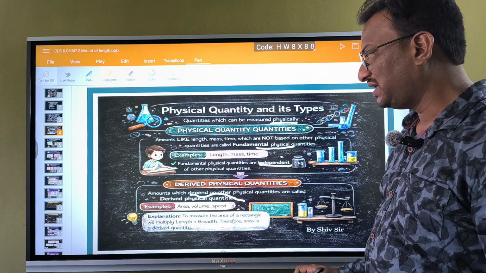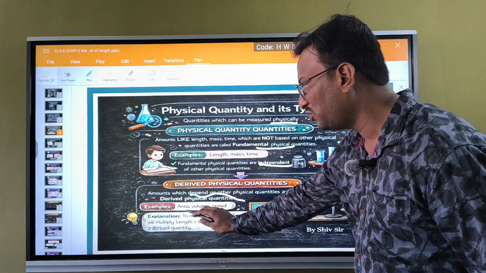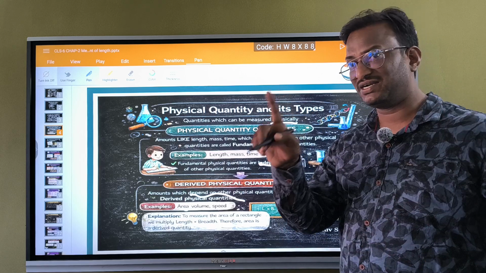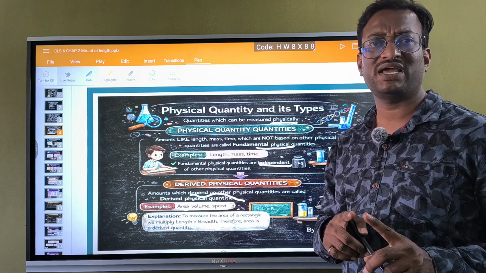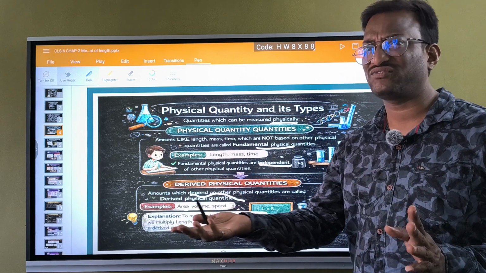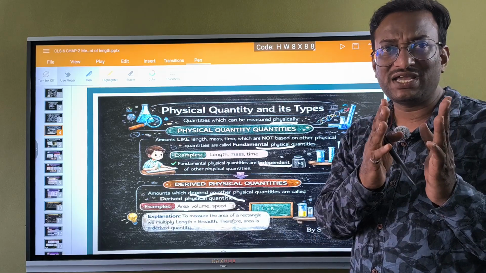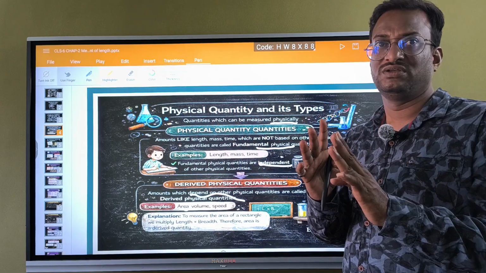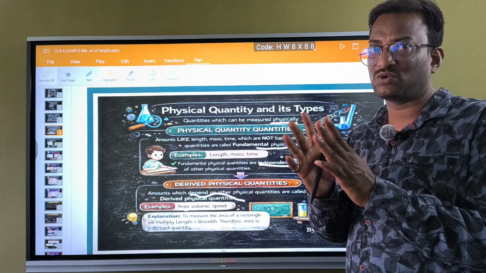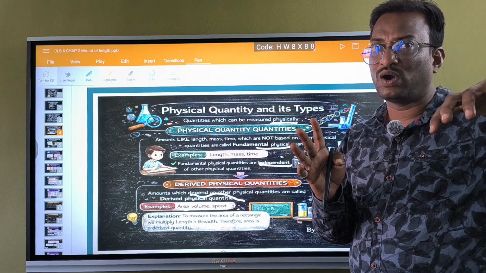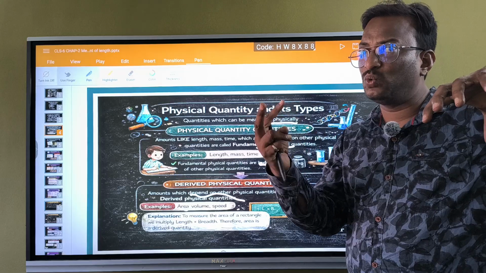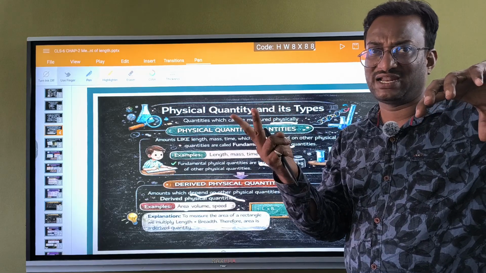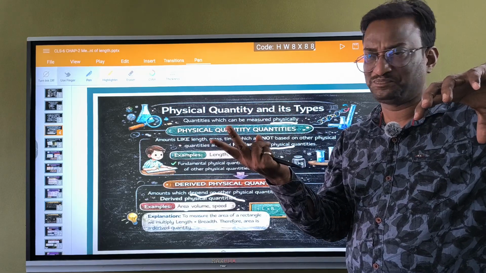See derived quantities here, for example area. If you take a rectangle, what is the area? Length into breadth. Breadth is also a length. So area depends on two lengths, length into length. Length is a fundamental quantity, so area is a derived quantity because it depends on two fundamental quantities, which may be the same or different.